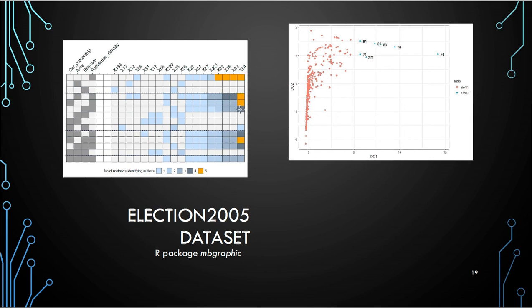If you consider birth rate and population density, x84 is identified as an outlier by 4 methods. And if you take the full data set, that's this last row here, x84 is identified as an outlier by 3 methods, and so on. So that's the way to interpret these O3 plots.